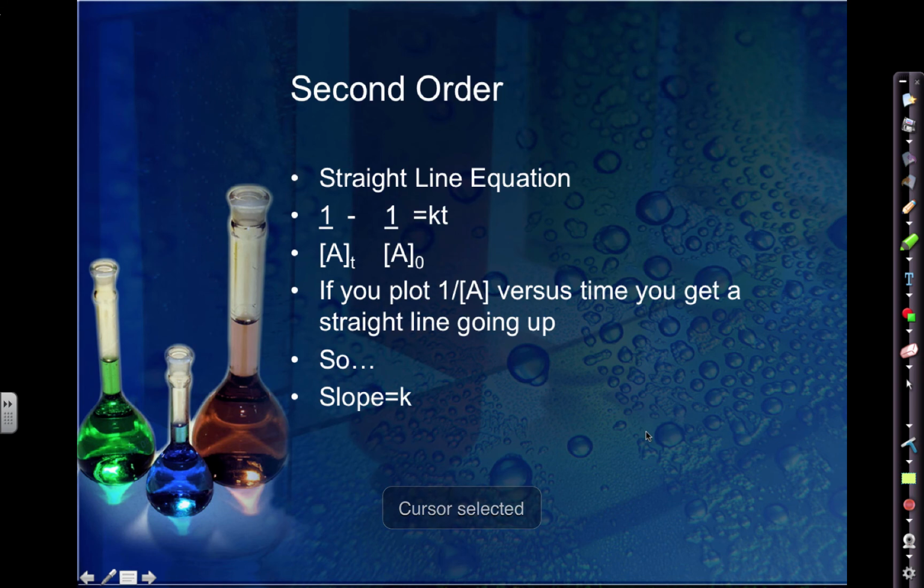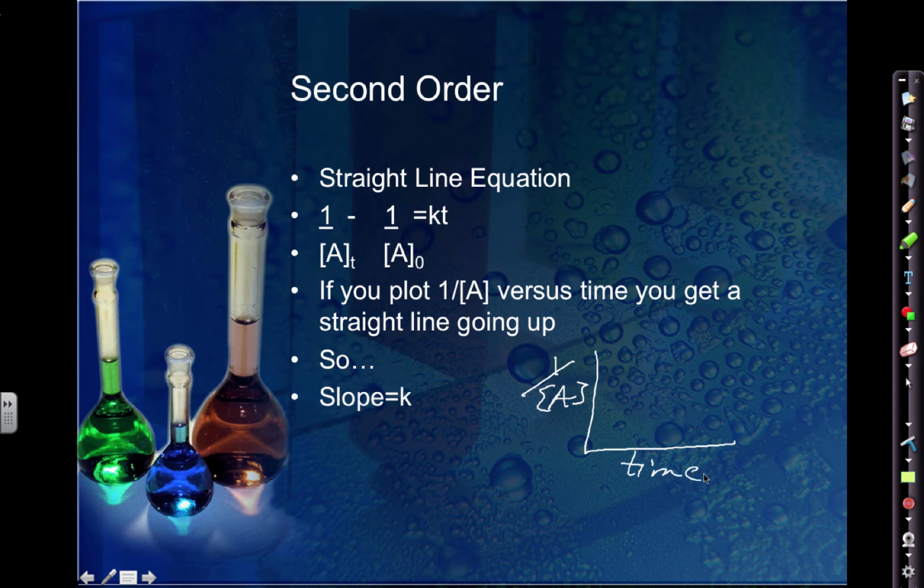All right, so for a second order reaction, this is our equation, and this one is given to you on the AP exam. You don't need to memorize it. You don't need to know how to derive it. So if I'm looking at a second order reaction, if I take 1 divided by the concentration of A, so the inverse, and I plot it with time, I'm going to get a straight line, but this time it's going to be going up.